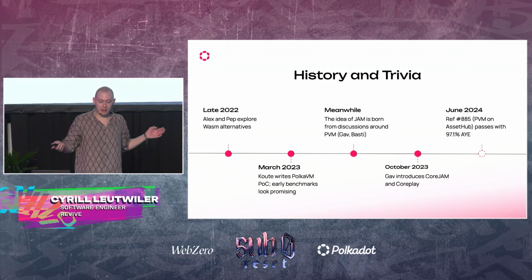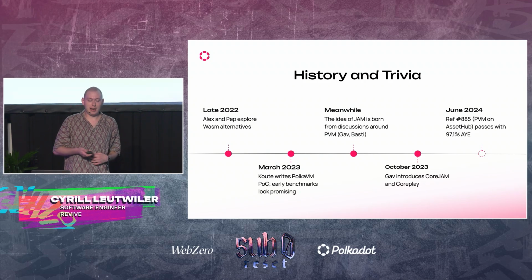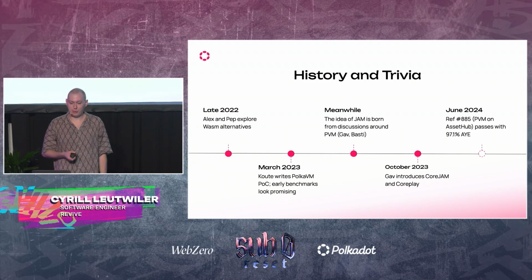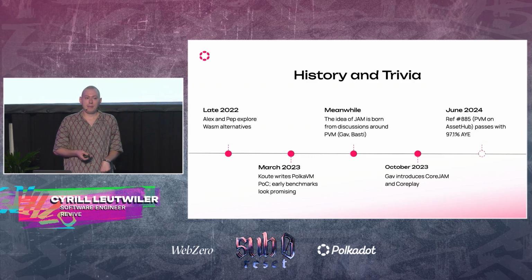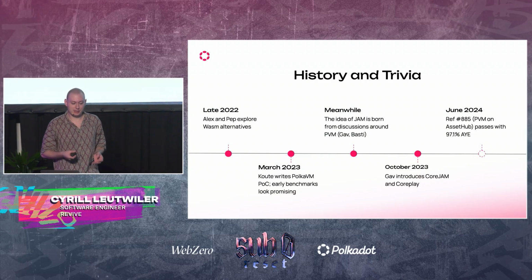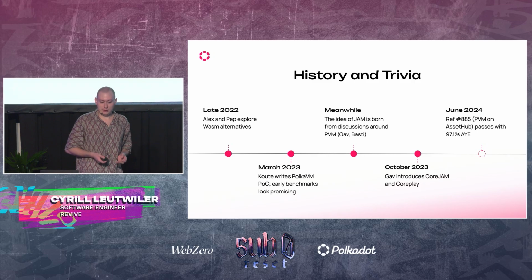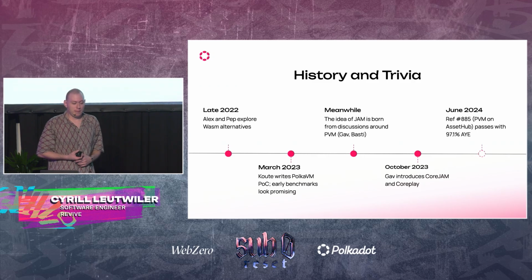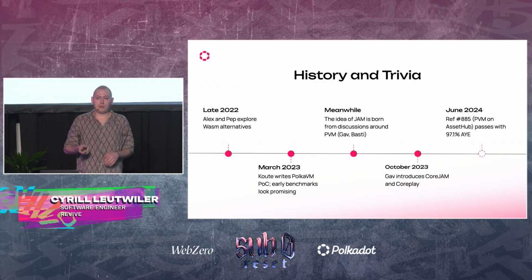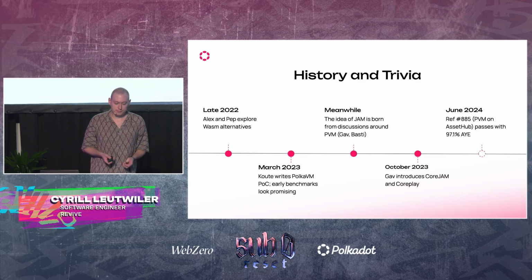Hey, we have an efficient gas-metered virtual machine with a deterministic stack. We can maybe use it for Polkadot in general and not just contracts. So JAM was born, which made PolkaVM quite popular as well.